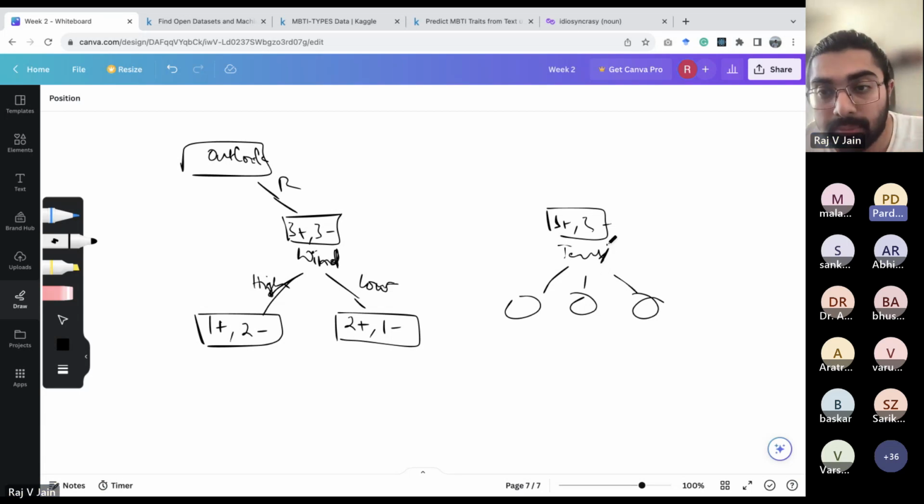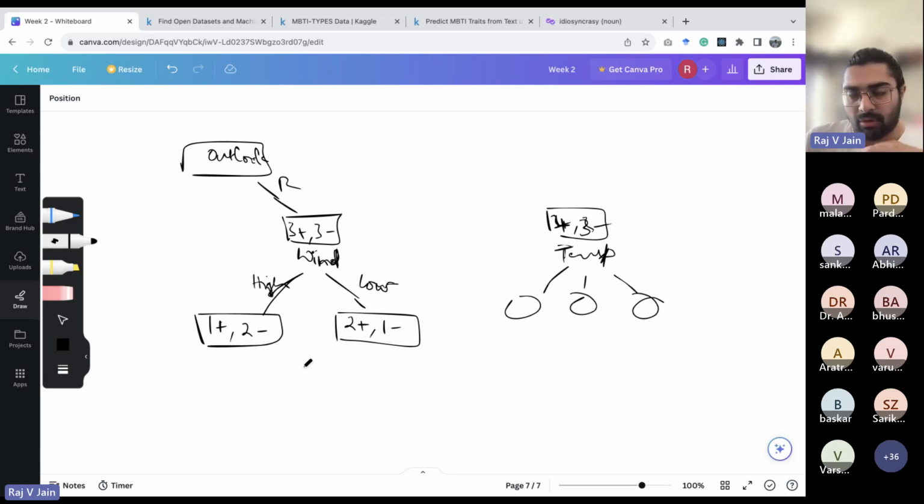My question was, what if we have features which have the same information gain? Can that happen? Yes, it can happen. So you're saying that the information gain of wind is equal to the information gain of temperature. Then you can take dealer's choice, you can choose whichever variable and move ahead.